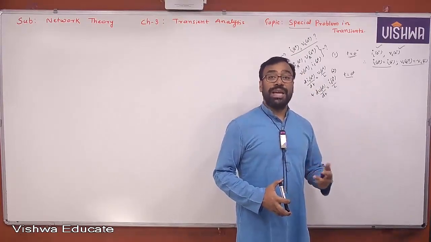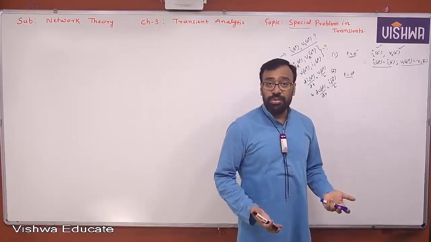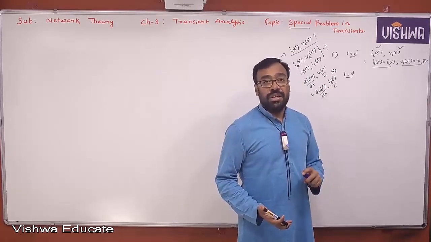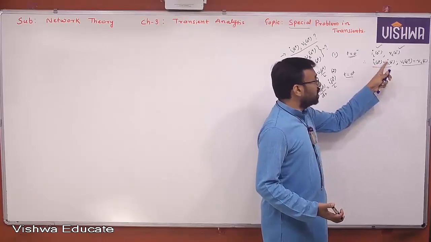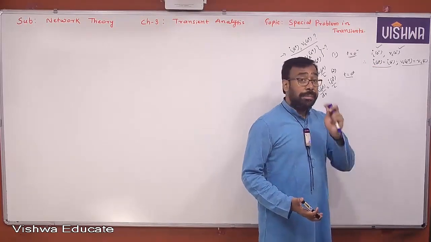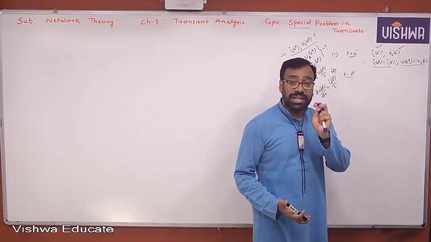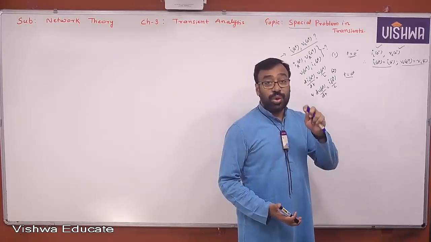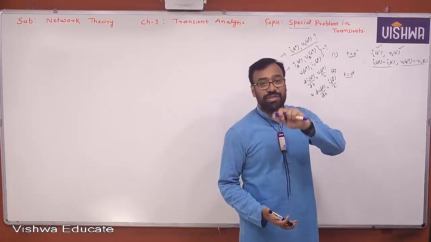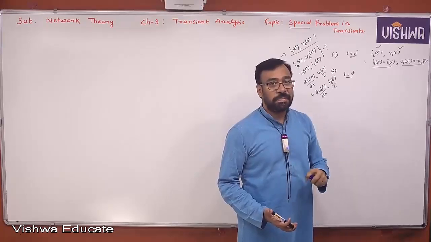But sometimes you may get infinite. Then what will you do? That means before you conclude iL of 0 plus is equal to iL of 0 minus, better you check whether current through capacitor is finite or infinite. Infinite is nothing but ideal impulse.